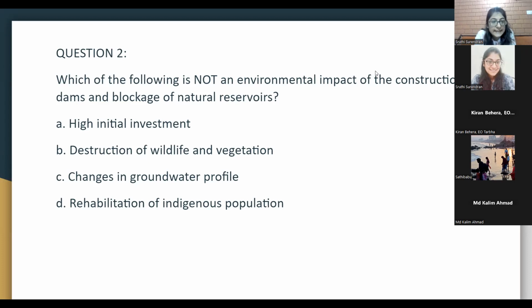Sati Babu has said D. Okay, Vijay has also said D. Is there any more answers anyone would like to give? Okay, there doesn't seem to be anyone answering more. So most of you have said it's D. Kiran has also said it's A.